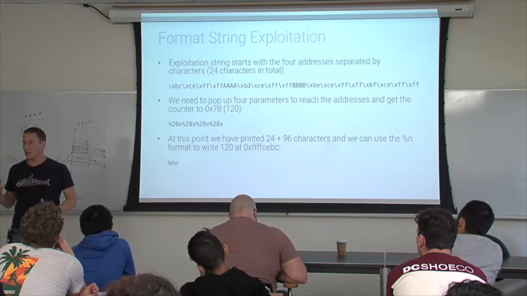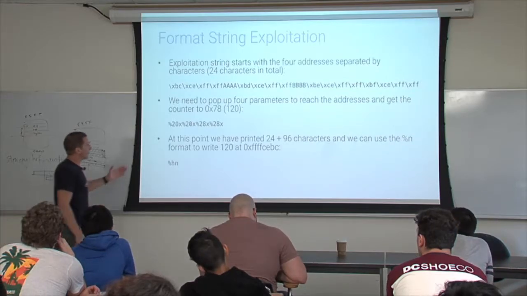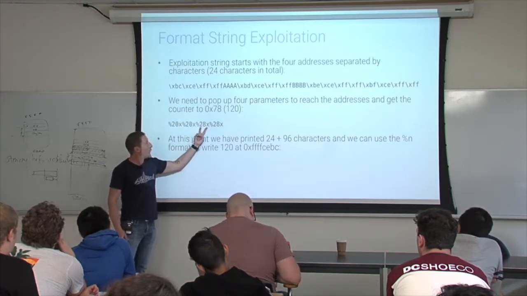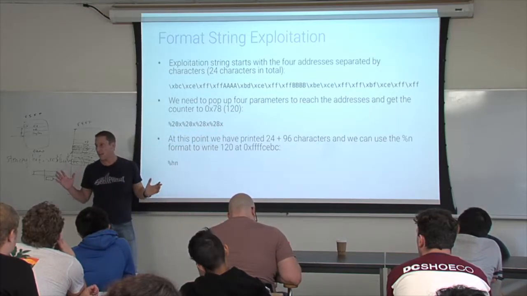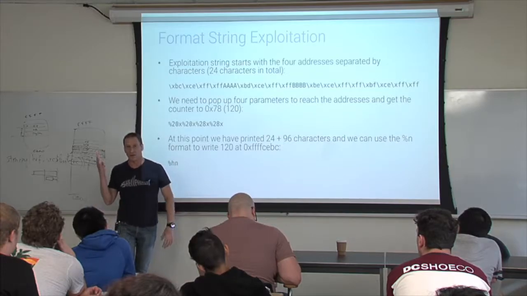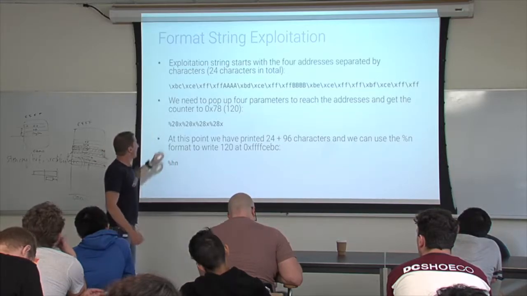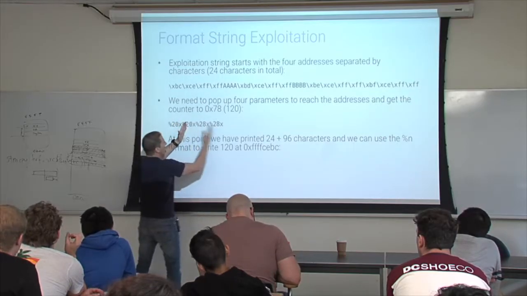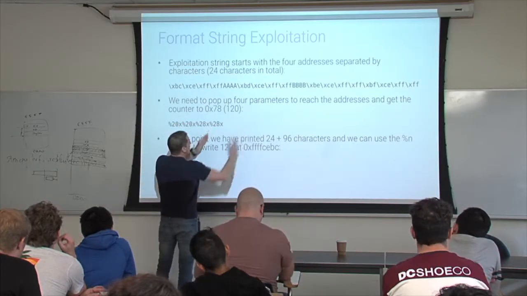78 in decimal is 120. So fundamentally, we have to pop out, so I asked to print 4 integers. I don't care about them. 1 is 1, 3 are null. I don't care. But I want them to be written in 20 spaces, 20 spaces, 28 spaces, 28 spaces.